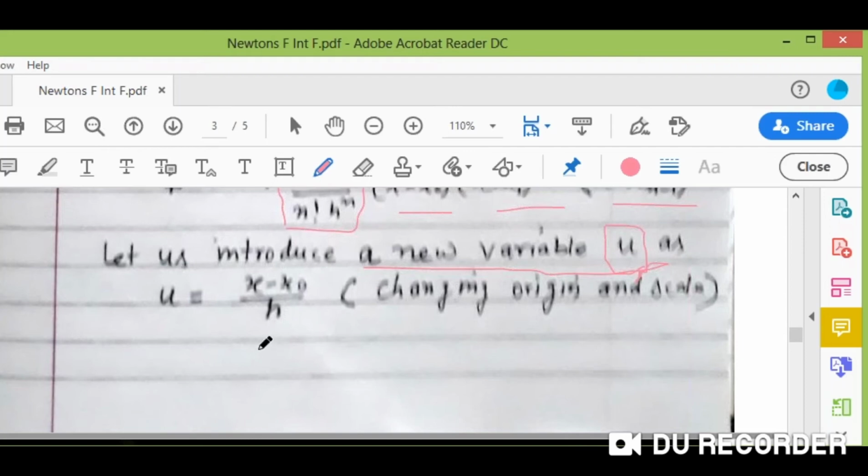So how is it introduced? You look at u: u is equal to x minus x0 upon h, where x is the variable, the argument, the independent variable, and h is the difference. Here you can put any value, but here h is a difference.